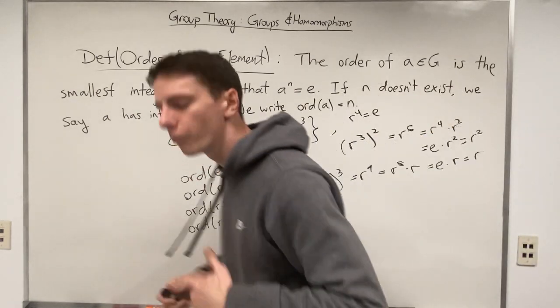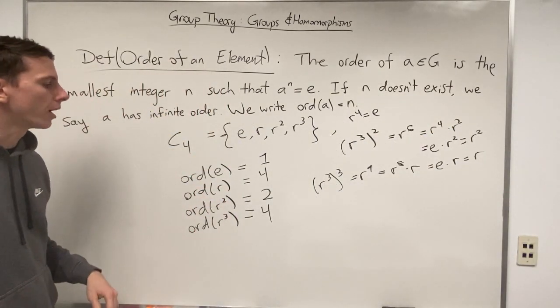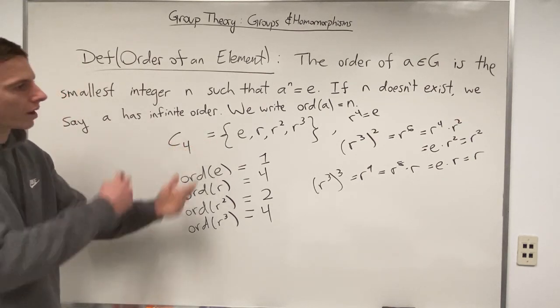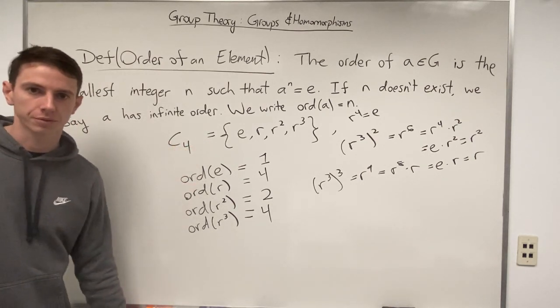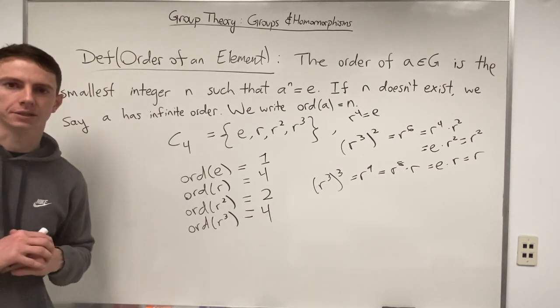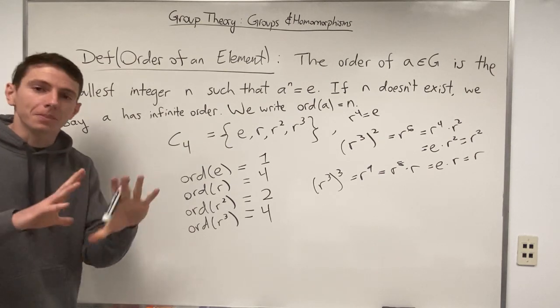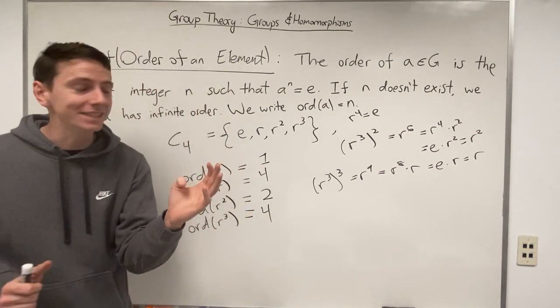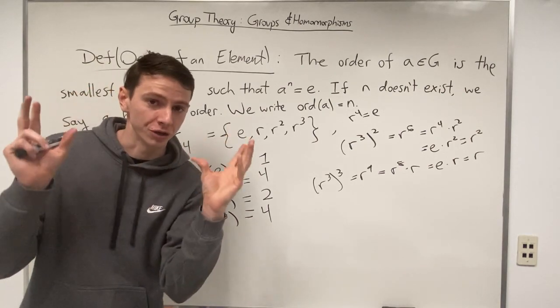But more importantly, though, hopefully we see how we can obtain the order of a given element. And we just so happen to do that in the context of a cyclic group right here. All right? So hopefully this makes sense. Now, admittedly, when we talk about the order of an element, it is very easy to get that mixed up with the order of a group.